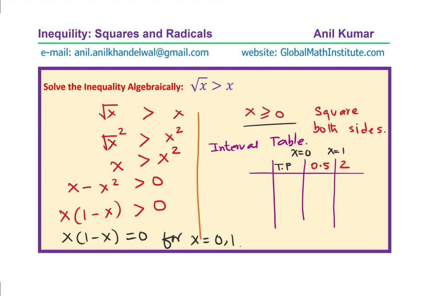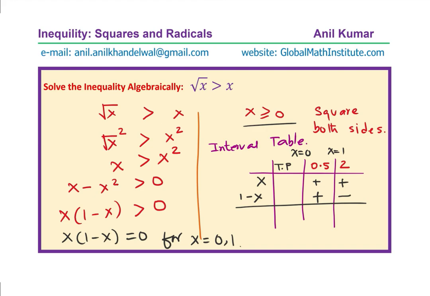In that case, let us check the values for x and 1 minus x. As far as x is concerned, it is going to be positive for both these values, 0.5 and 2. For 1 minus x, when I substitute 0.5, it will be plus 0.5. But when I substitute 2, 1 minus 2 is minus 1.